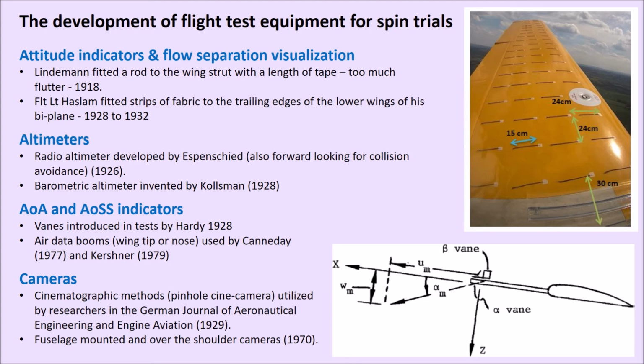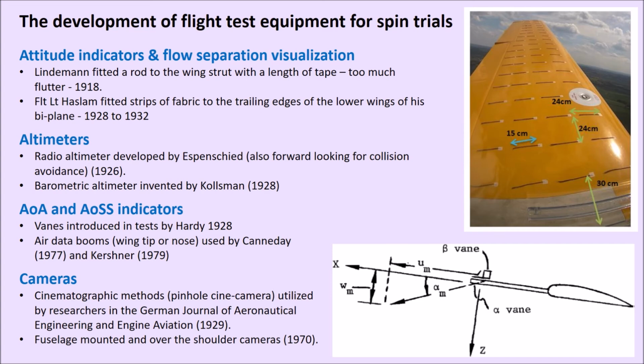By the way, a similar system was also fitted to an aircraft forward looking for collision avoidance reasons, and the method that the radio altimeter used differed to that of when the barometric altimeter was invented a few years later by Colesman, because it basically gave the pilots their height above the ground in the current location directly, right?